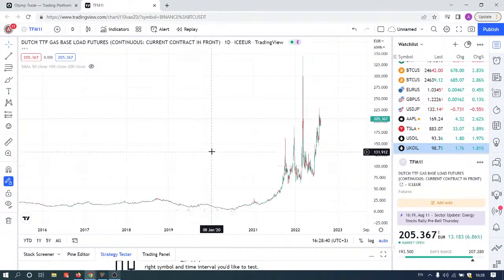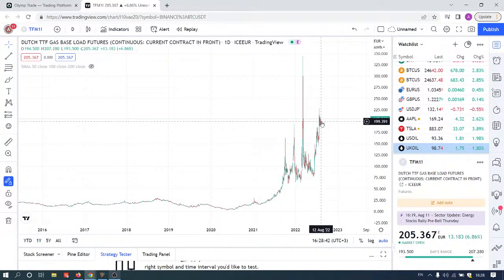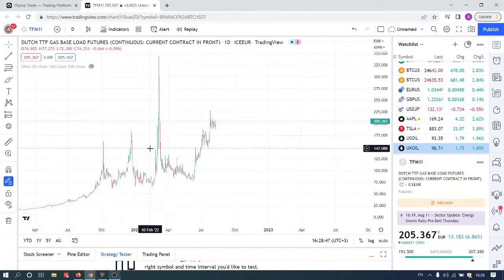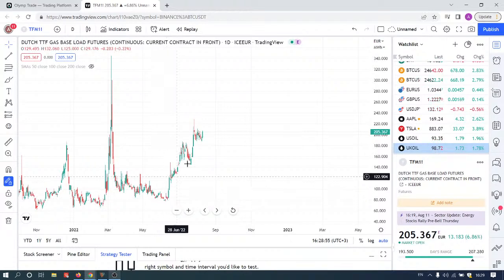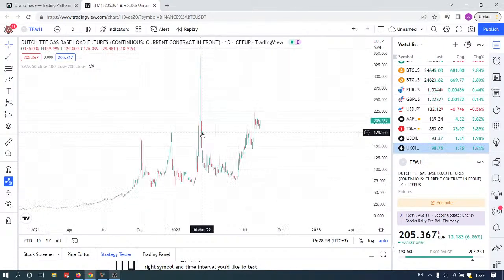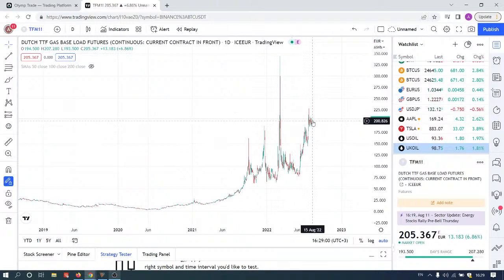So yeah, if you look at TTF gas, it's also trading at like 205. Of course, it had a pretty brief spike in the beginning of March, and then the prices normalized and went down to 80. But now we are already so high.